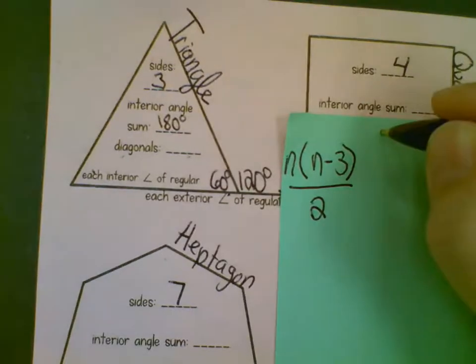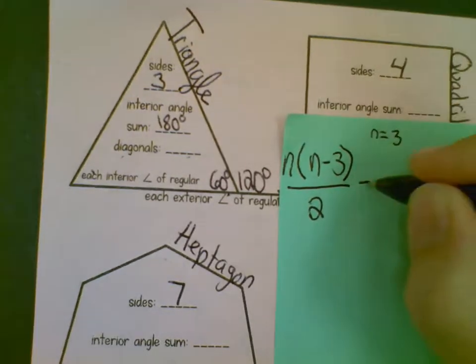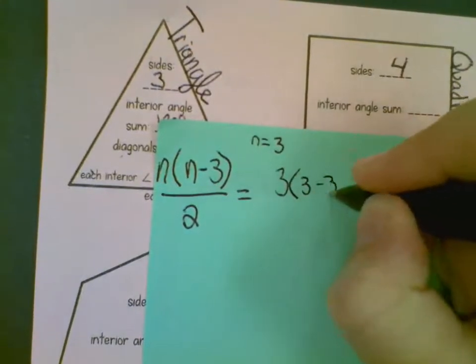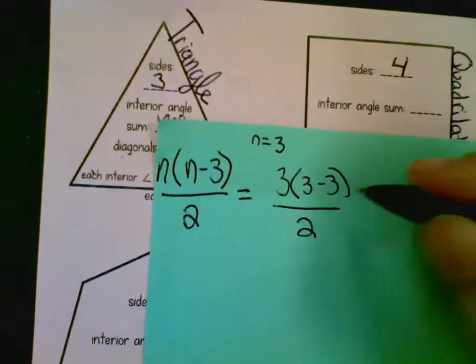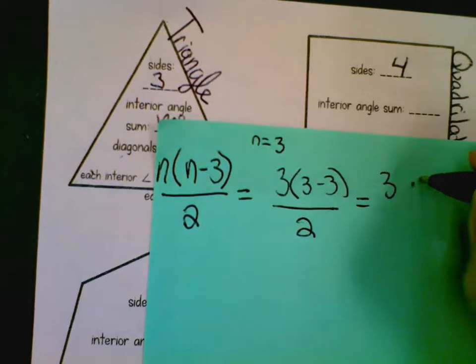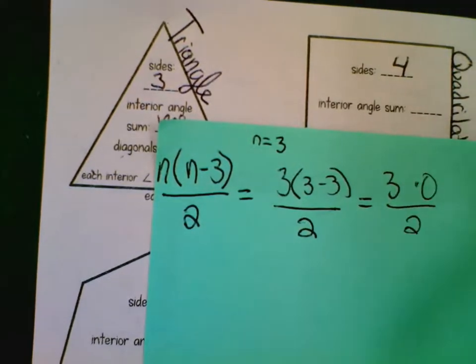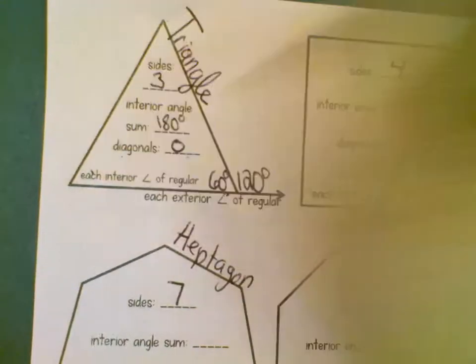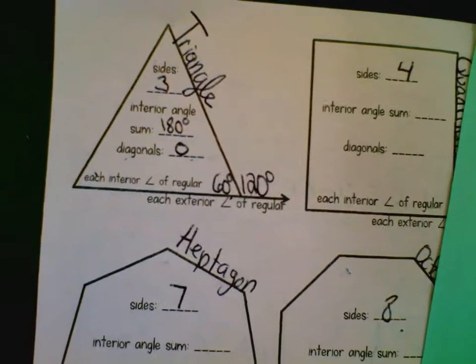So n is 3 because we have 3 sides. So that would mean we'd have 3 times 3 minus 3 over 2. So since that equals 0, that's kind of where the formula is built. So there's no diagonals in a triangle.